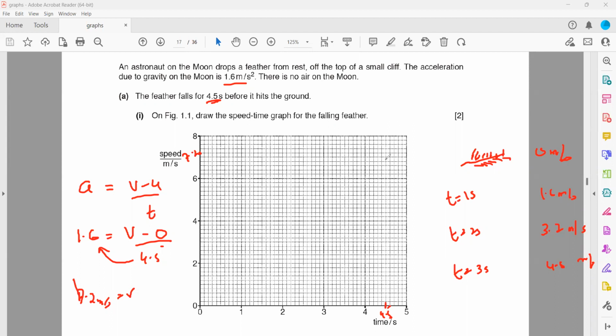When the time is 4.5, the speed of the feather is 7.2. Because it's a falling object without air resistance, as the moon does not have any atmosphere, it must have constant acceleration. So we draw a straight line from 0,0 to the point where the speed is 7.2 and the time is 4.5.